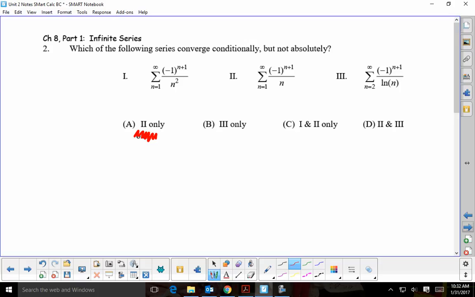And let's see if you can do the first one. Find out if it is conditionally but not absolute. Oh, that's okay. I understand. Thank you.